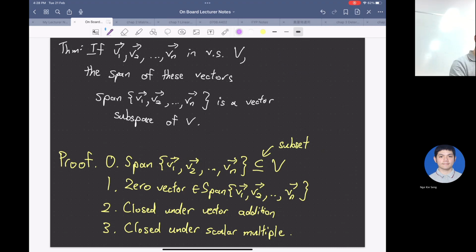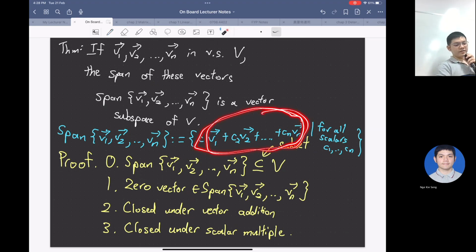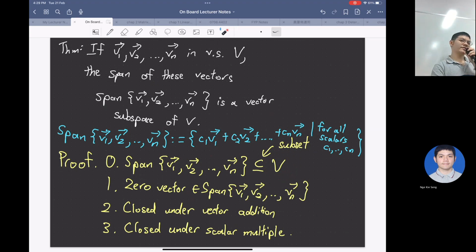The span of v1 up to vn looks like c1 times v1 plus c2 times v2 up to cn times vn, for any scalars c1 up to cn. So the elements look like this. Are these elements in V as well? Why?